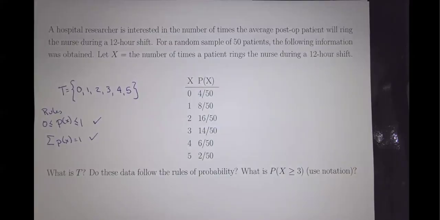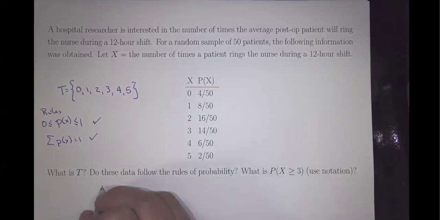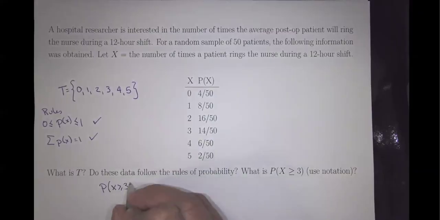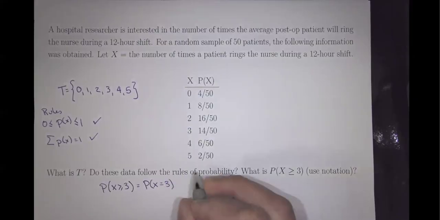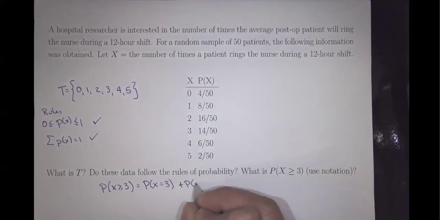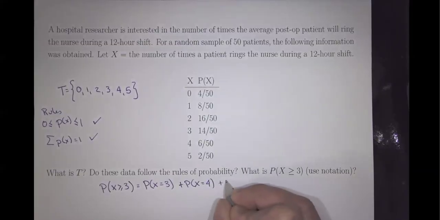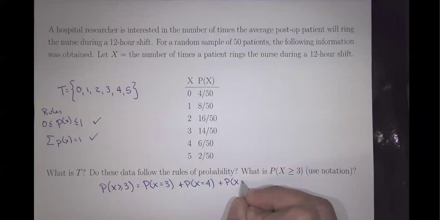The third part, what's the probability that X is greater than or equal to 3? The probability that X is greater than or equal to 3 is equal to the probability that X is equal to 3 plus the probability that X is equal to 4 plus the probability that X is equal to 5.